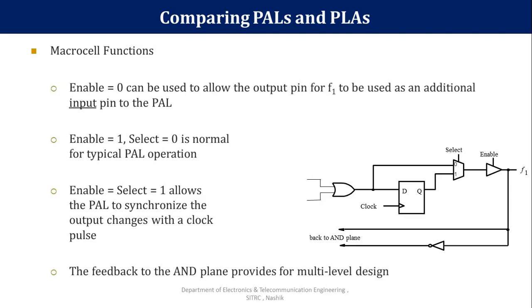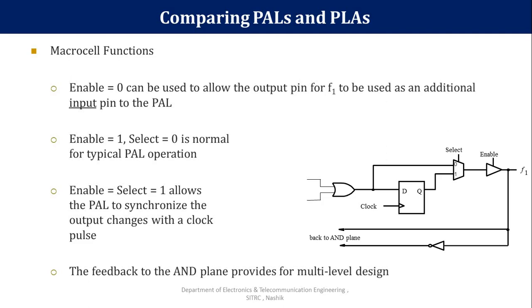Here, enable equal to 0, as we discussed earlier, the enable signal. When the value of the enable signal is 0, it will allow the output pin for F1 to be used as an additional input pin, and when enable equal to 1 and select equal to 0, it is normal for typical parallel operation, means it can be used as an output.